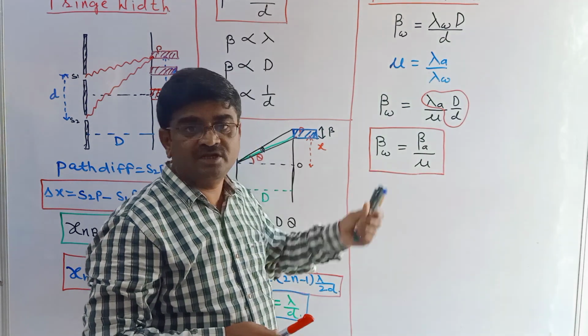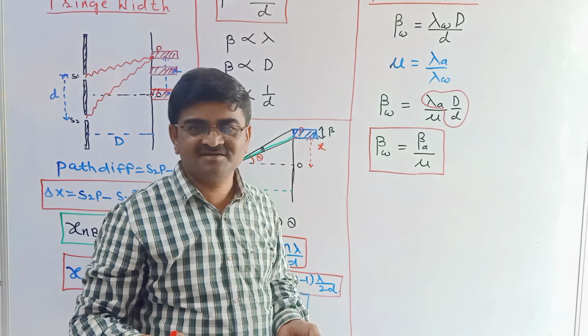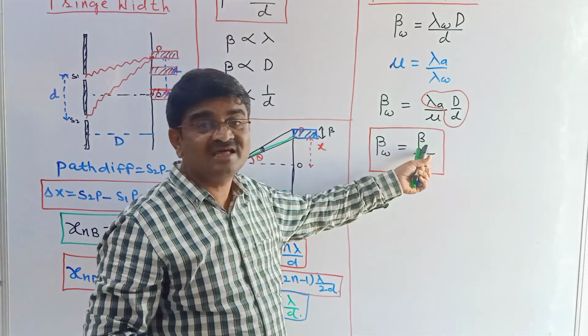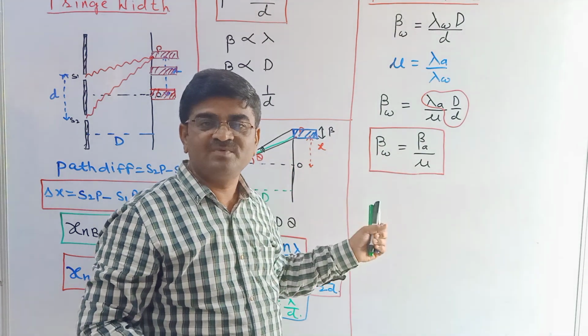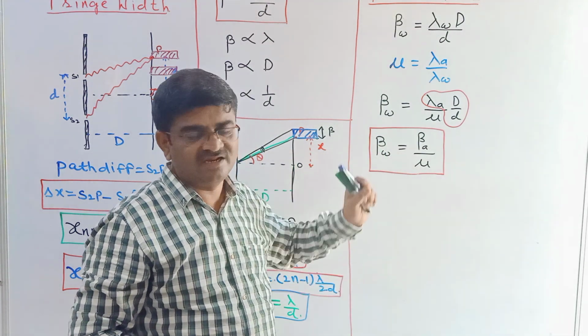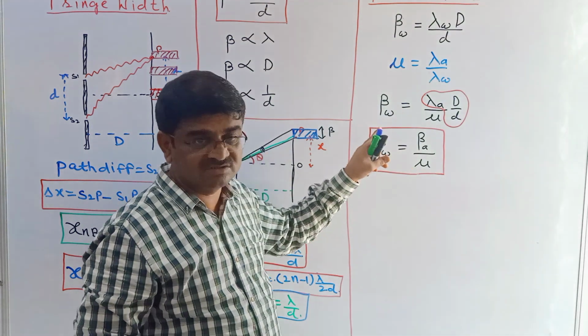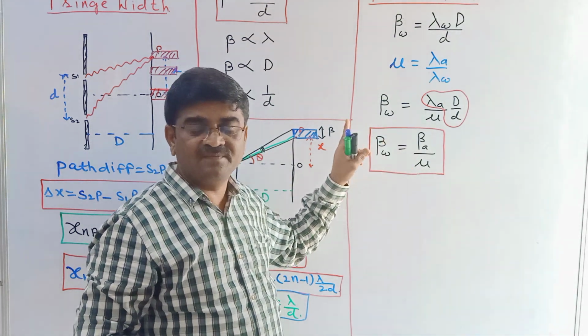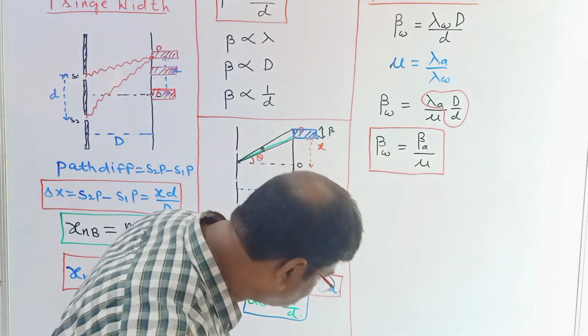Then naturally, fringe width for the given setup will be maximum in the air, and for all other remaining media, it is going to be less than air. You can see. Got this? These are the questions which have been asked repeatedly on this formula. Okay. So going ahead.